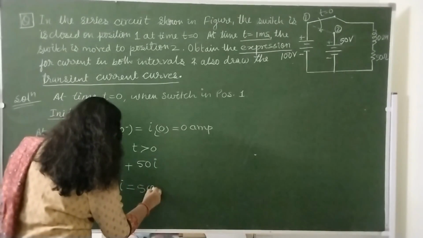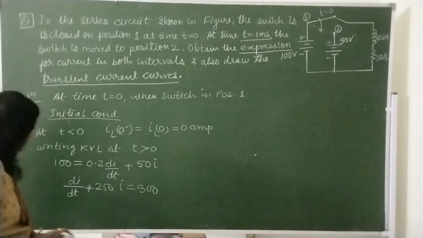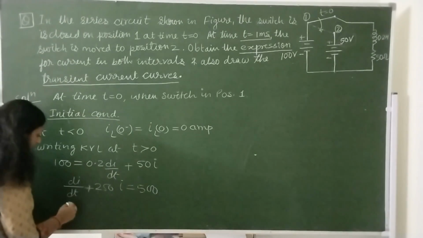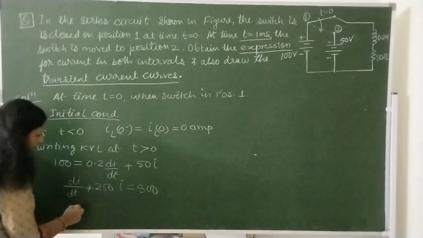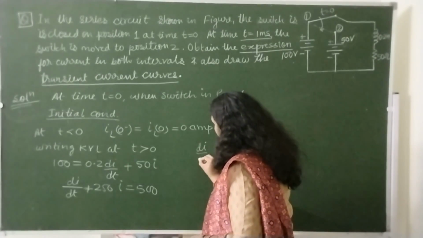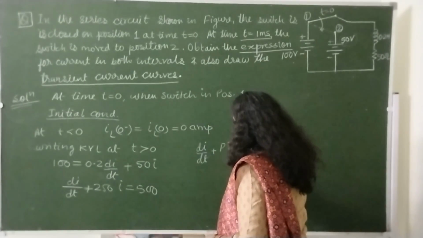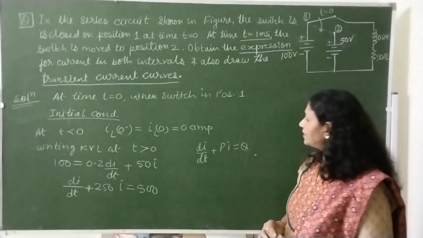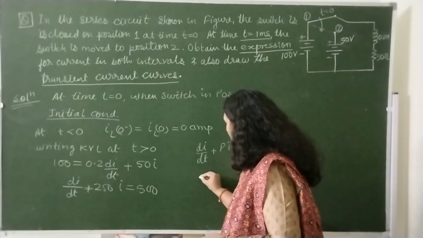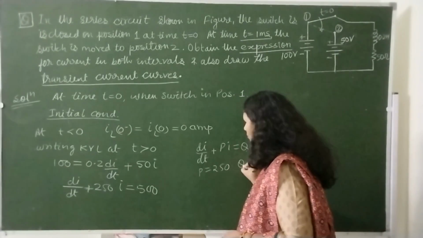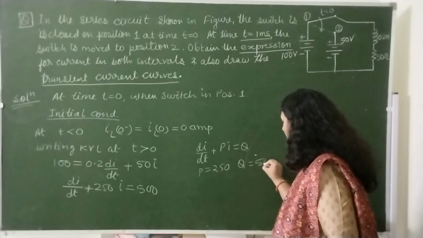So this is our equation, and since this is a differential equation, we can compare it with a standard differential equation, that is di/dt plus Pi equals Q. This is a standard differential equation where P equals 250 and Q equals 500.